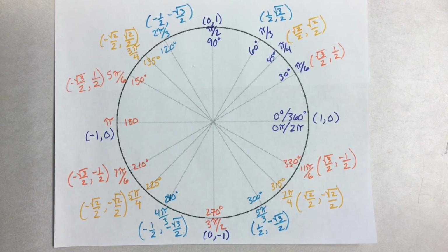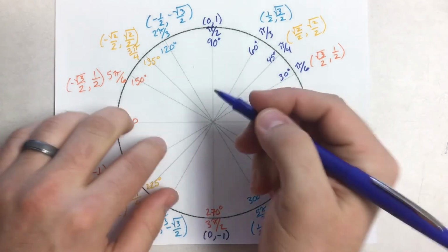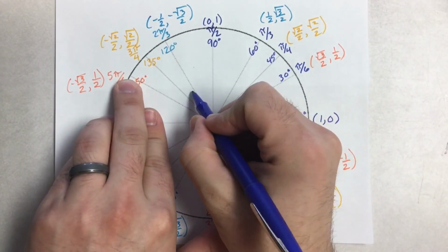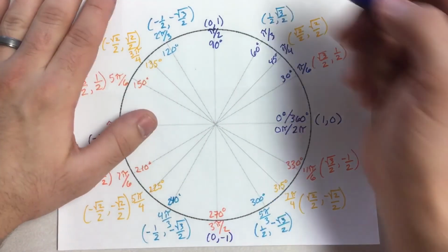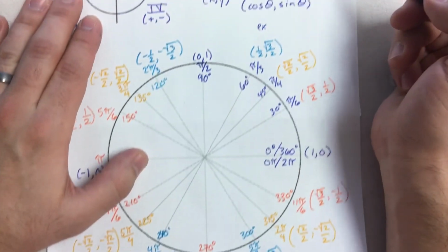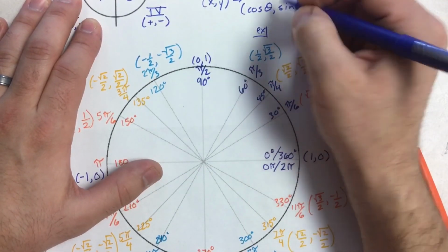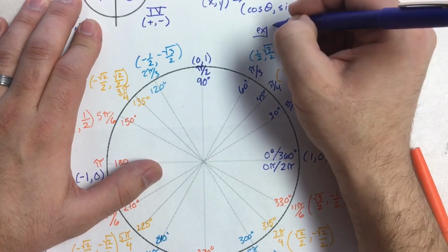Or what about, even better, what if I said, let's say I want the sine of 13 pi over 6. Okay, so use an example up here. So let's say I want, what did I say, cosine or sine? It doesn't matter.